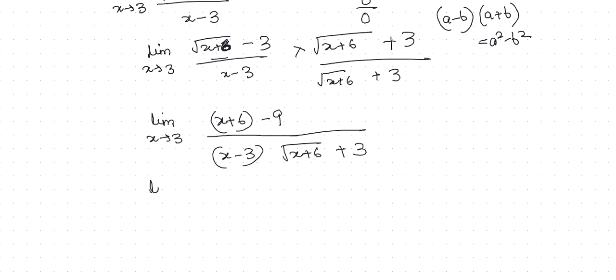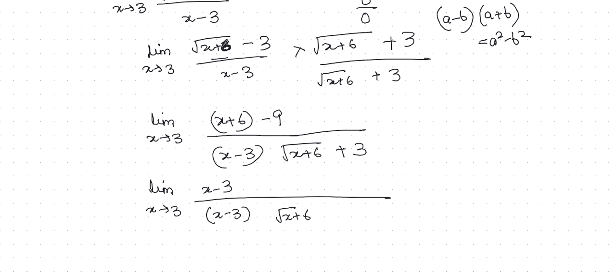So this gives us limit x tends to 3, 1 over under root x plus 6 plus 3. If we put 3 here, we will get under root 9 plus 3, which would be 1 by 6.